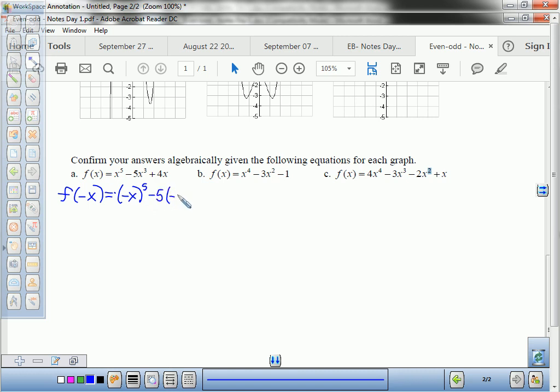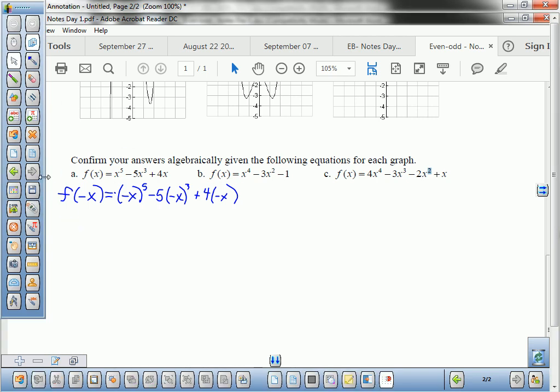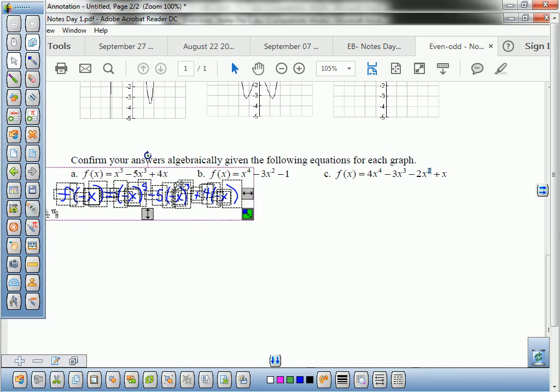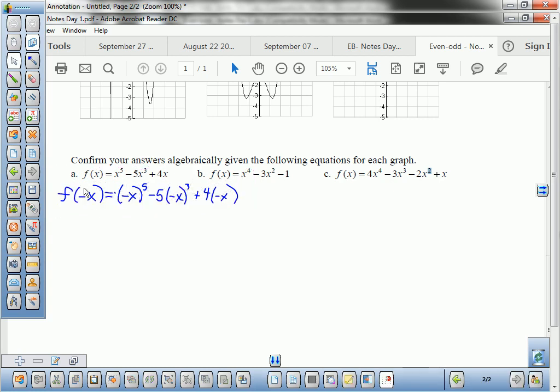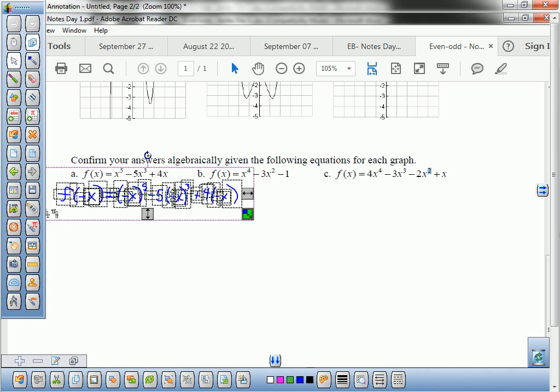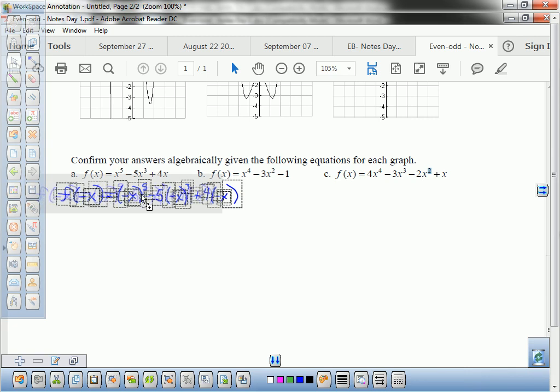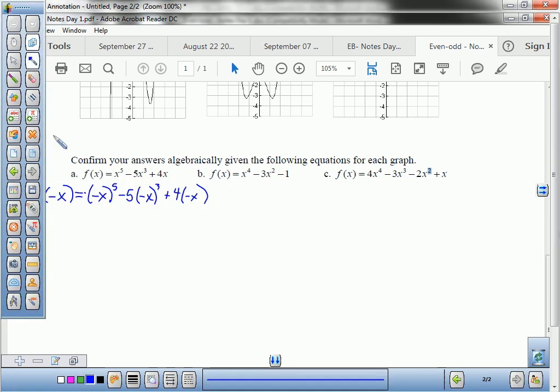We're going to plug in negative x. And we're going to plug in negative x. Okay, so what you're going to notice on this particular problem, because every term is raised to an odd power, every single one of these terms is raised to an odd power.